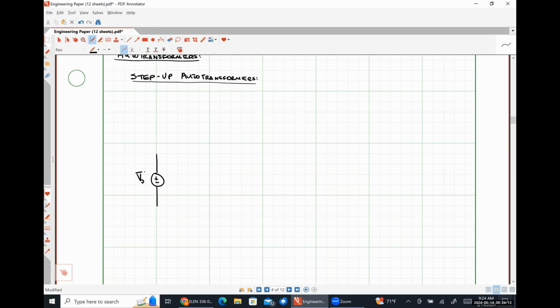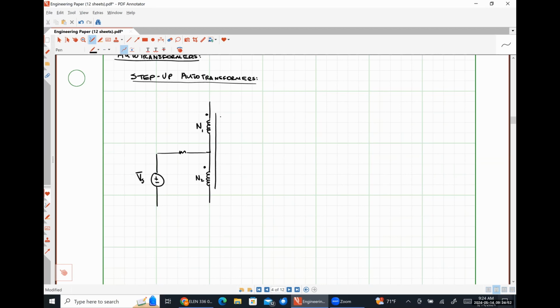So we would have our excitation voltage over here, some resistance R, that's just kind of arbitrary. And then here is our number of turns N2 in our secondary. And then here is N1.